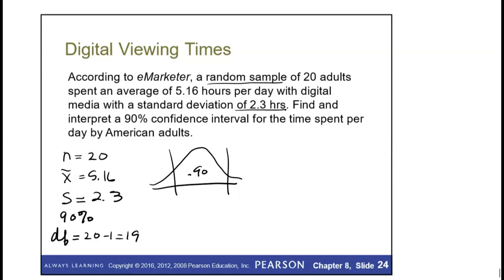So then when you split it, your alpha, of course, is 0.10, because it's 1 minus 0.90. And then that needs to be split in half. Alpha over 2, we have 0.05 on either side. So I need T of 0.05 at 19 degrees of freedom.